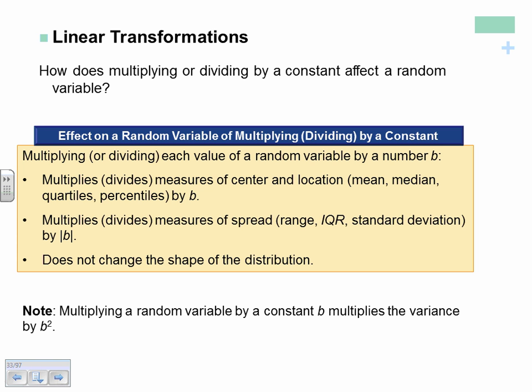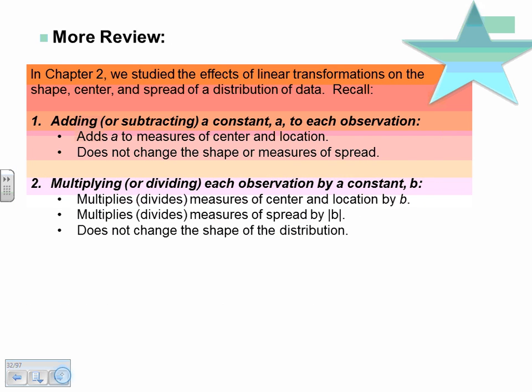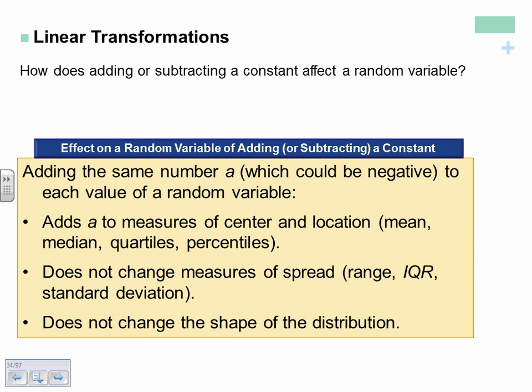So how did it perform? Hopefully you said just like we had seen back in chapter 2. Then I have a little note. Multiplying a random variable by a constant b multiplies the variance by b squared. Because remember, variance is standard deviation squared. Okay, what about adding or subtracting? Guess what happens? It's the same thing that we already learned.